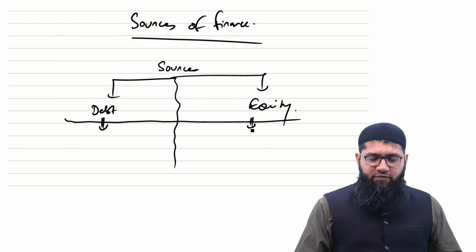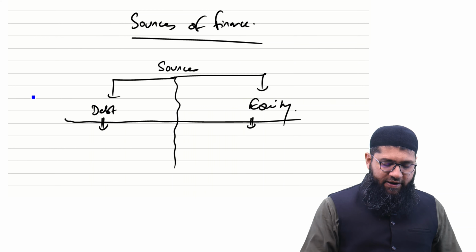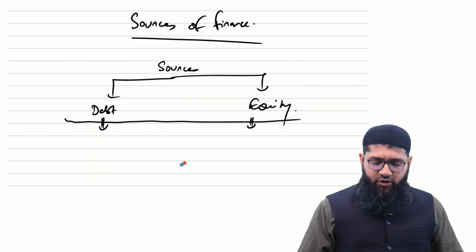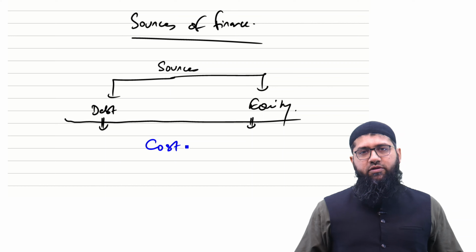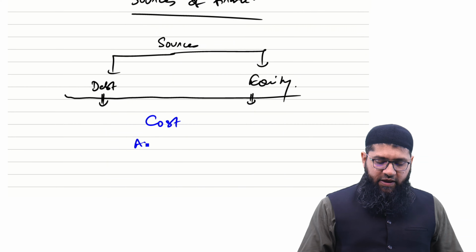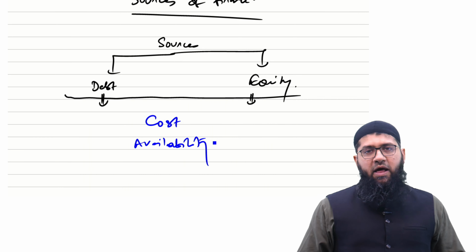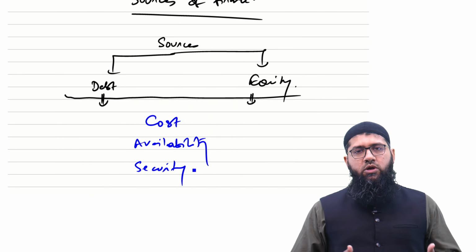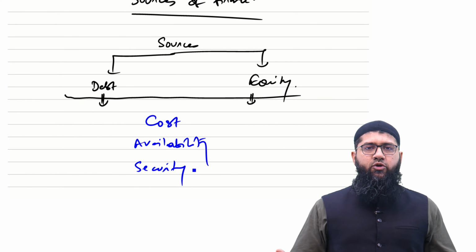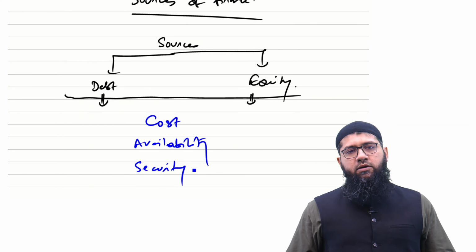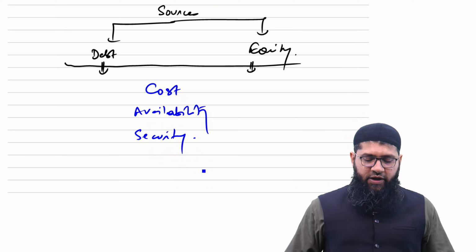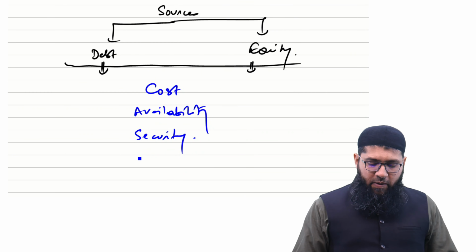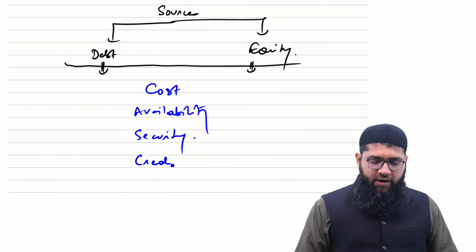So what are those multiple factors? The factors that you consider are the cost that is involved, the availability, plus the security that you are able to give to the banks in case you go for loans, plus the credit rating of the entity.